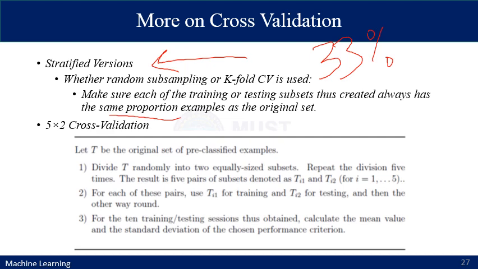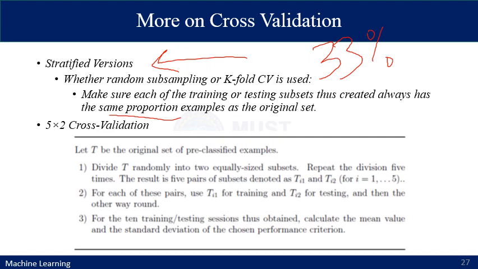So you can also employ cross-validation with another paired approach, which is often referred to as 5 cross 2 cross validation. So the concept is to divide the training examples into 10 subsets, and each are used in pairs. So for example, we have a training set T, which is the original set of pre-classified examples.